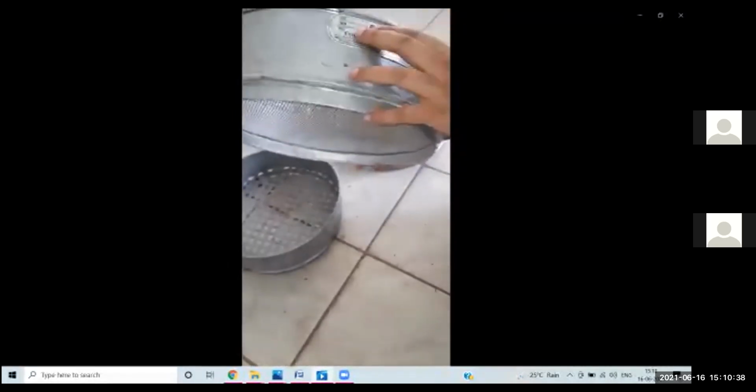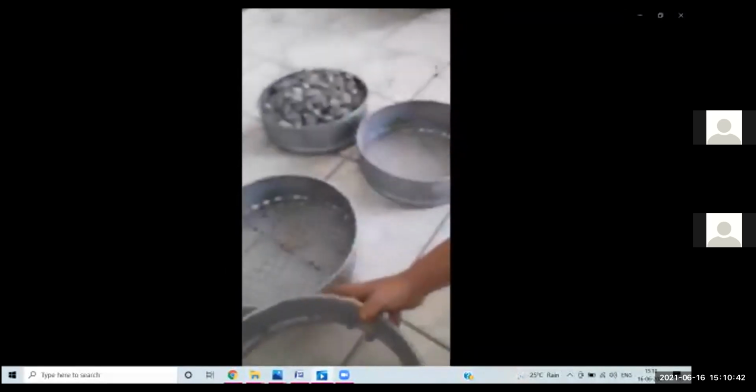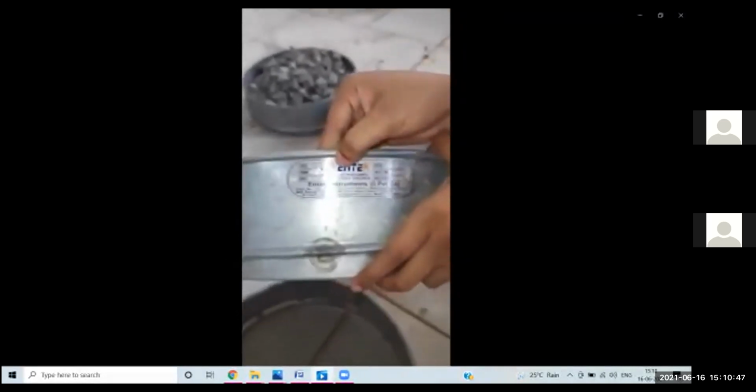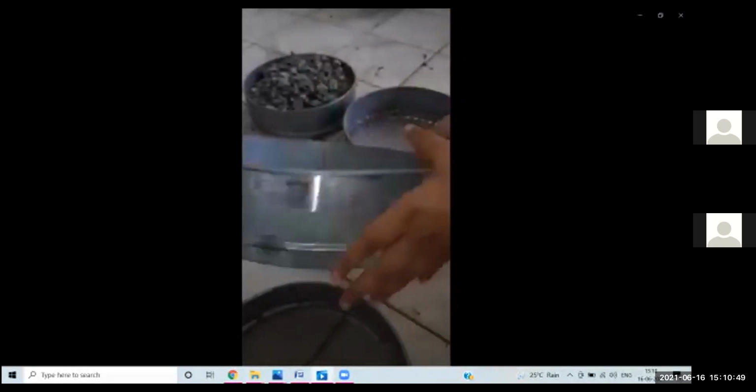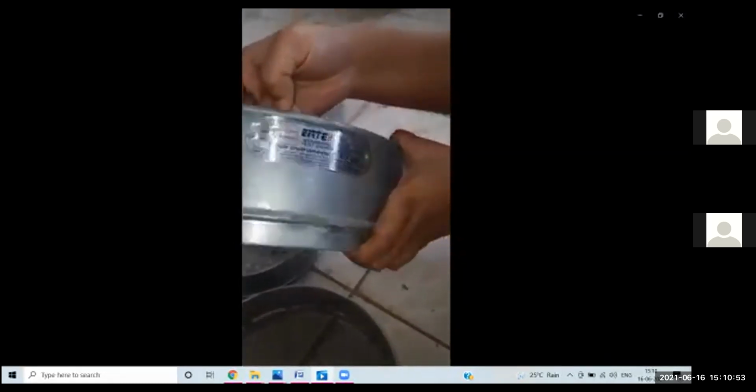In this experiment, we also used a 2.36 millimeter sieve, 12.5 millimeter sieve, and 10 millimeter sieve.